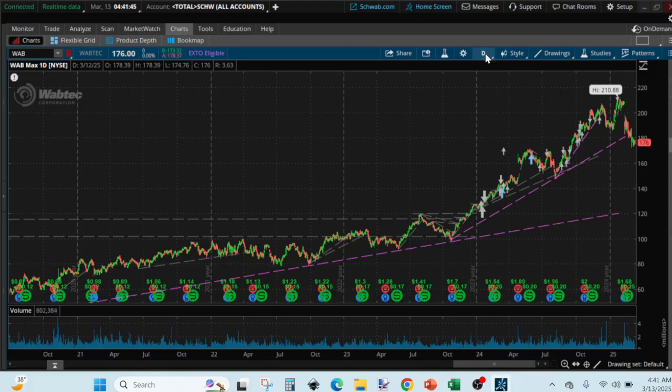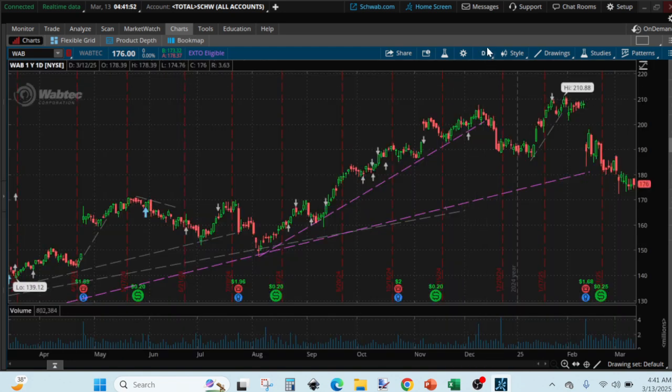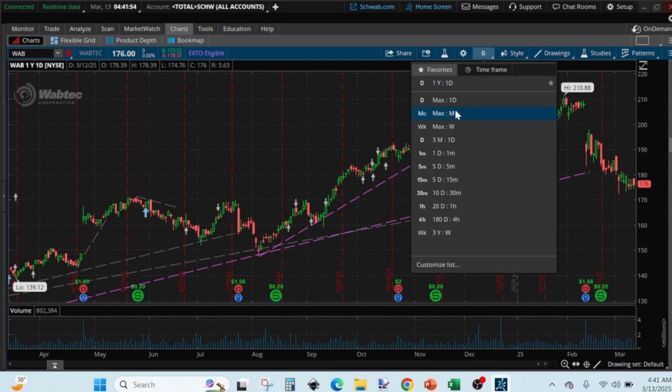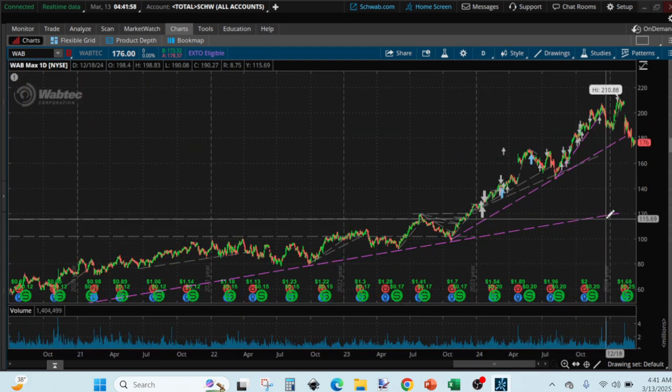You'll open the daily chart. It could either be the maximum daily chart or the 1 year daily chart, but we are going to use the maximum daily chart so that we can see all our support lines, including the lowest one, whenever possible.